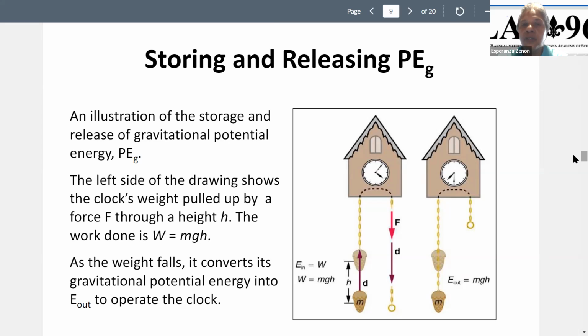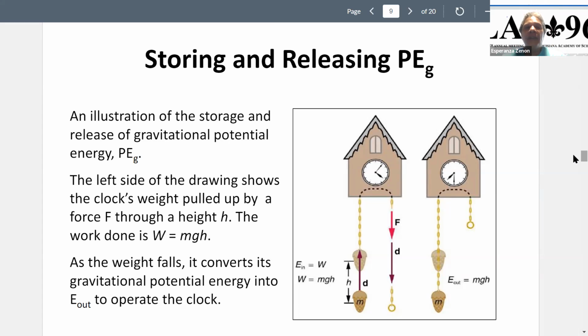And that's because gravity is a conservative force. So anytime you're doing work against gravity, storing up energy against gravity, generating potential energy against gravity, that energy is going to be conserved. So the amount of potential energy that you store up is the amount that you have available to do work.